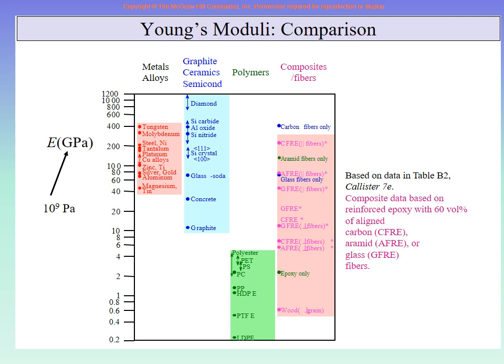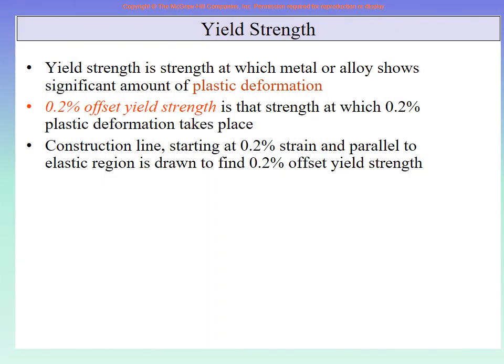Here is a comparison of the Young's modulus values of the four basic material categories: metals and alloys, ceramics, polymers, and composites. Then we talked of yield strength, that how do we define it, where is it exactly there, and that if there is no clear-cut yield strength available, then we find it by a 0.2% offset yield strength method.